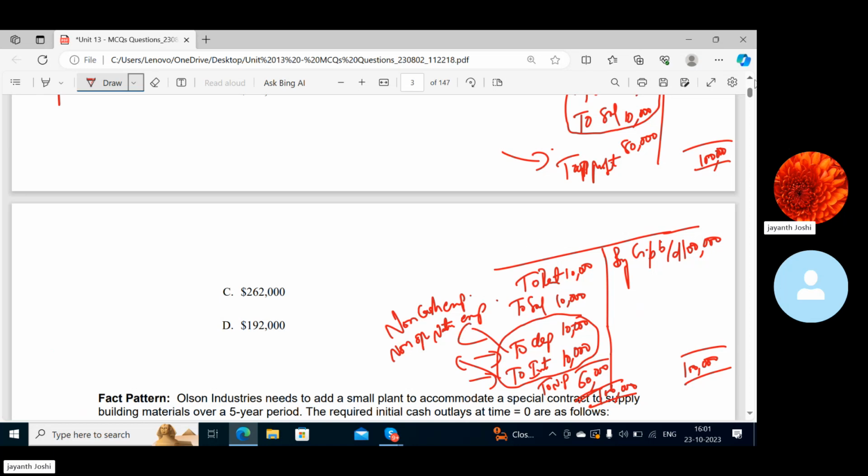Actually, this allocated interest also is kind of a non-cash item. See, they have given you interest expense 8,000. So to arrive, allocated interest actually is a cash outflow. Let me be very frank, but they have given it as a non-cash expense.